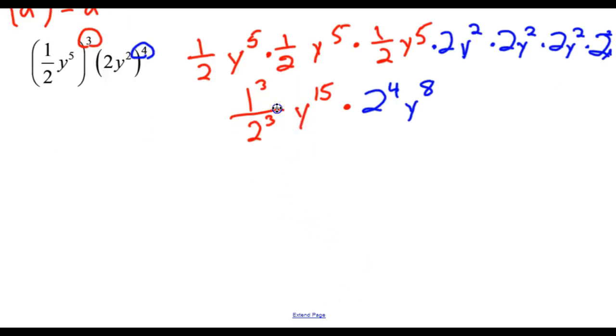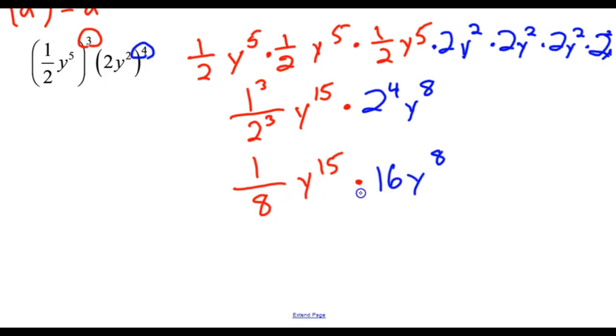So then if we just simplify these, we're going to have 1 to the 3rd power, which will be 1, over 2 to the 3rd power, which is going to be 8. y to the 15th times 2 to the 4th power, which is 16, and y to the 8th power.